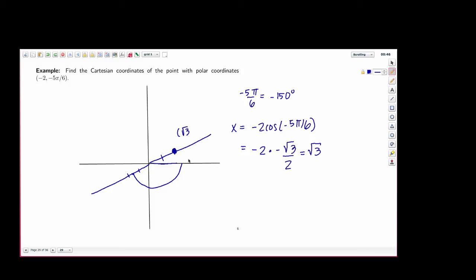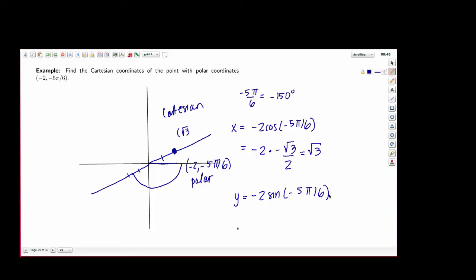Our polar coordinates of this point were (-2, -5 pi over 6), so these were the polar, and now we're getting the Cartesian. Now we'll get our y coordinate. y is r sine theta, so -2 sine of -5 pi over 6.